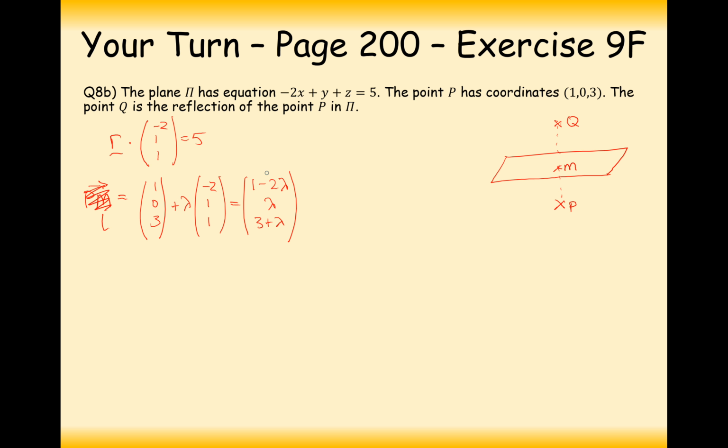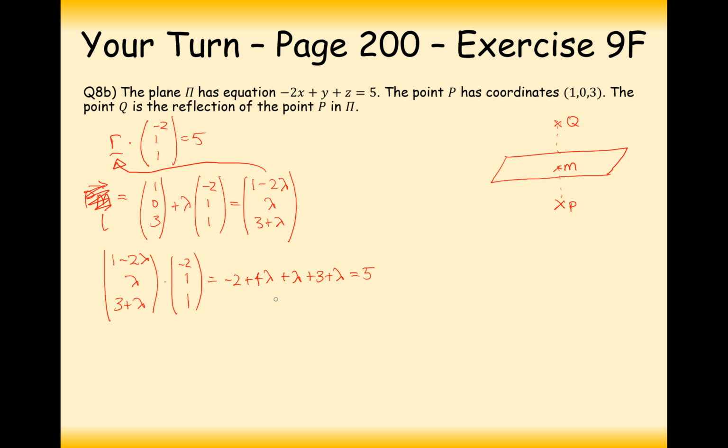So we're going to have to substitute this now into the equation of the plane to work out the lambda value. So (1 - 2 lambda, lambda, 3 + lambda) dotted with (-2, 1, 1), equals, expanding the brackets, we'll set this equal to 5 afterwards, so -2 + 4 lambda + lambda + 3 + lambda equals 5.